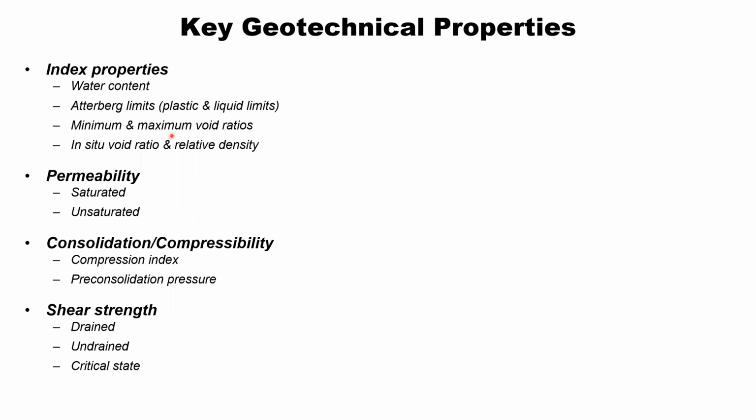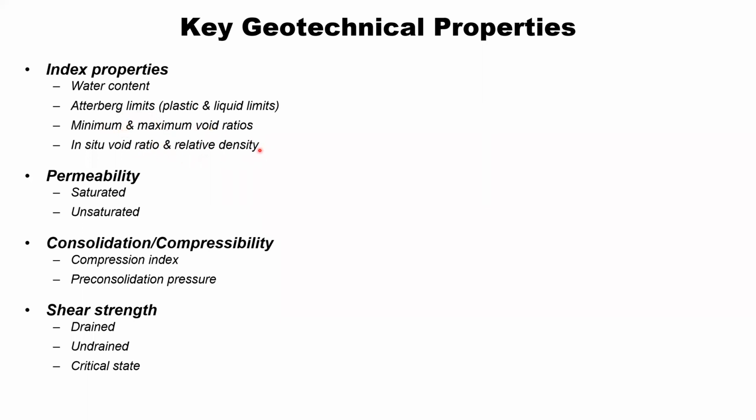Void ratio is another very important index property, both the minimum and maximum void ratios that relate to how loose or how dense that material can be given its gradation, its mineralogy, and its plasticity, as well as the actual void ratio in situ. We also often use relative density as a term to describe where that void ratio falls in between the maximum and minimum void ratios.